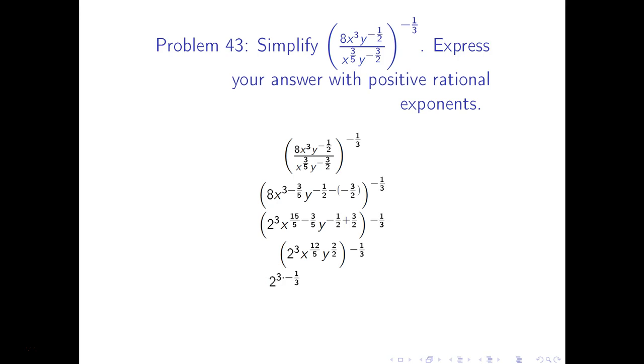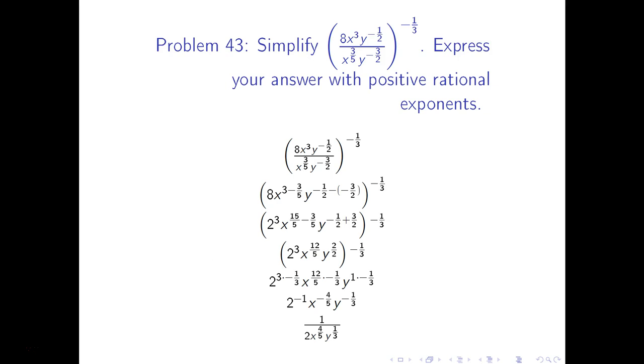Which is what we get in the next part, because now I can actually multiply my exponent in. So -1/3 times 3, -1/3 times 12/5, -1/3 times 1, which gives you 2 to the -1, x to the -4/5, and y to the -3. We can move everything that has negative exponents down to the denominator, which in this case is everything.